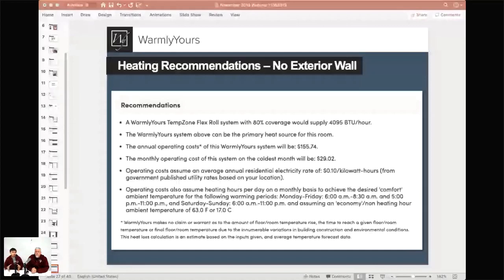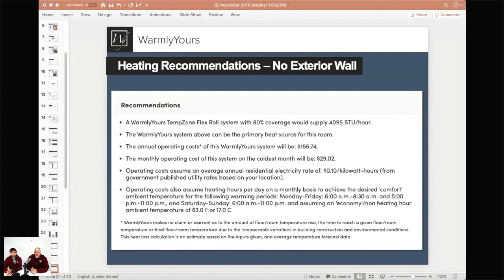We're not even going to be using the percentage because we already designed a plan for you, and we know your system is going to give you 4,555 BTUs because that's the heating mat that we're installing. So once again, the closer we get to the designing and heat loss stages, the more accurate information we can get.